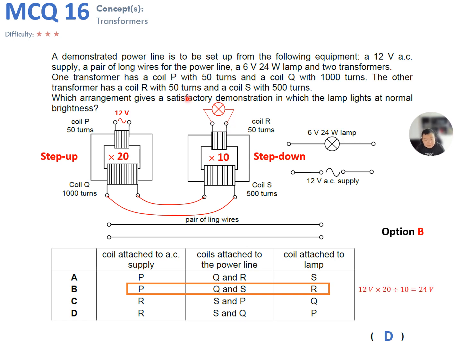And let's just do the sum. 12 volts stepped up by 20 times, so 12 times 20, that is 240 volts. 240 volts applied to here, stepped down by 10 times, so divided by 10, you get 24 volts. The bulb will also burn again because it's meant for 6 volts, not 24 volts. A bit better than option A, but still it will burn and you will destroy the bulb.